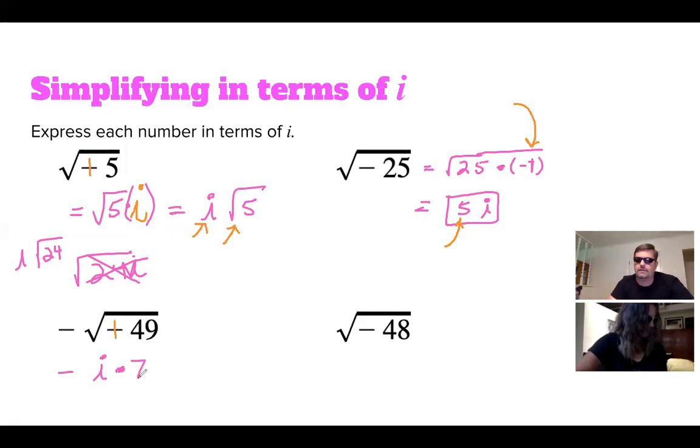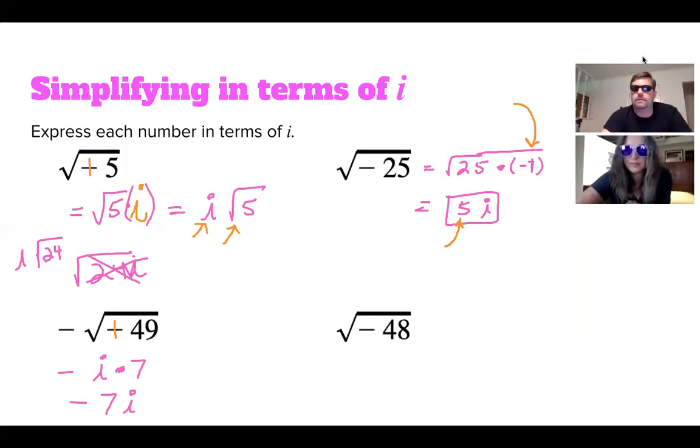And if you wrote i times 7, that's fine. But if you want to check it in the back of the book, I'm guessing it's probably going to be 7 times i because of the stupidity that Miss Young was talking about earlier. Yeah, and really this makes more sense because it's telling you how many imaginary units you have. Like you have 5 imaginary units with 5i.